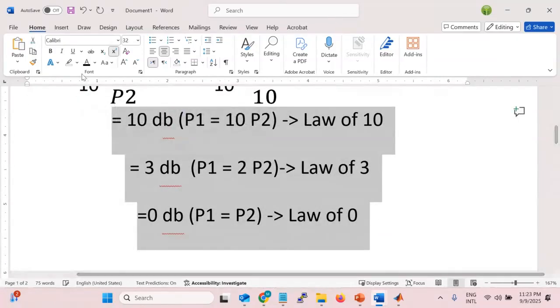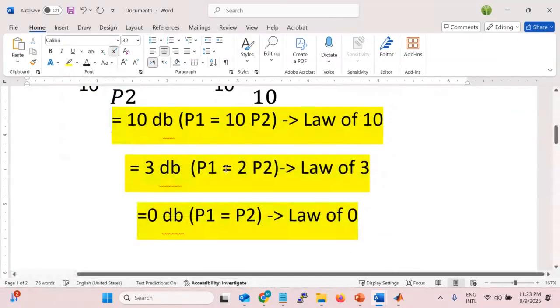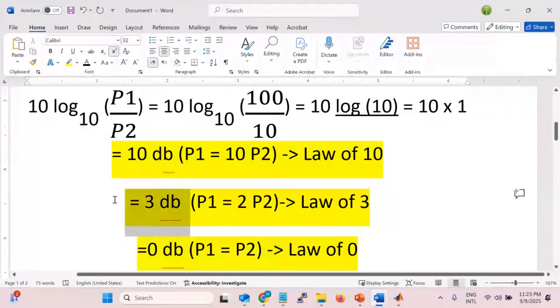So the law of 0 says that P1 equals P2. If the result is 0 dB, then P1 equals P2. If the result equals 3 dB, then P1 equals 2 times P2. This is the law of 3.